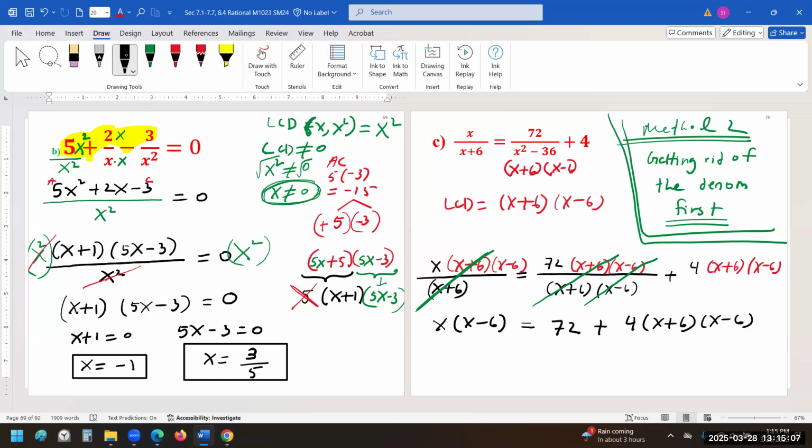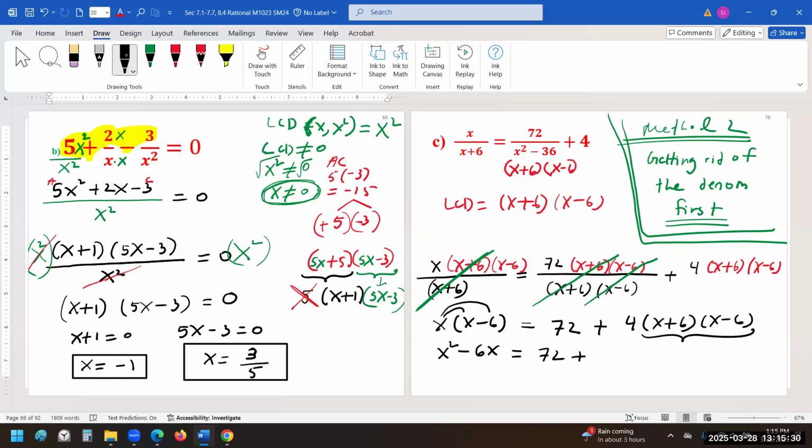Do you have any denominator here? No. So we're supposed to be happy. Supposed to be. Okay? So we solve just like a normal polynomial. We distribute. What do you get? Minus 6x. And here's 72.